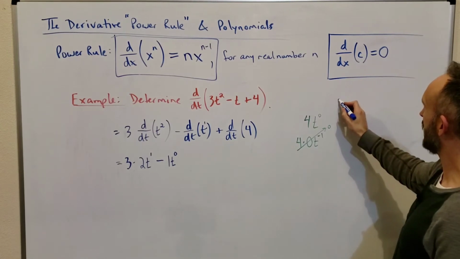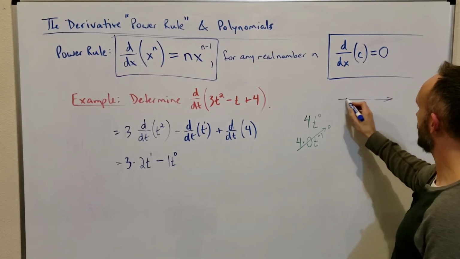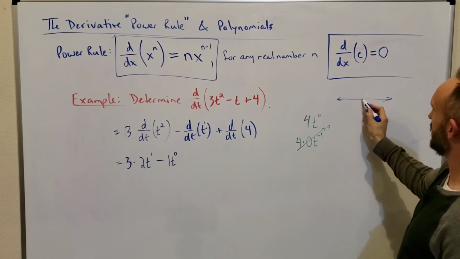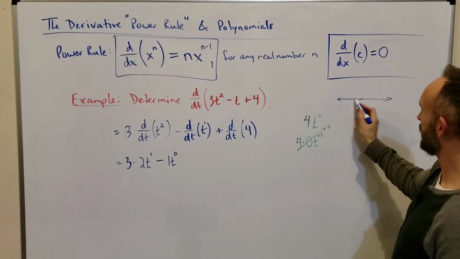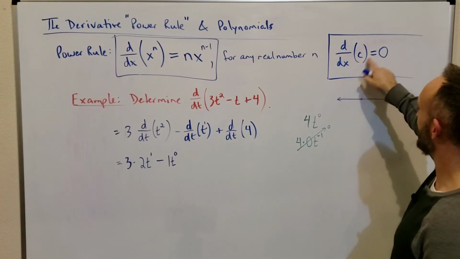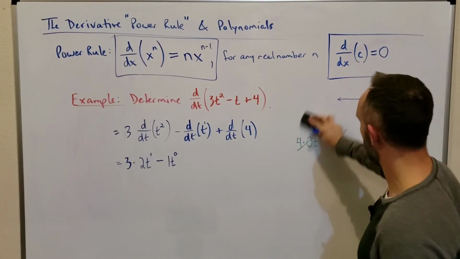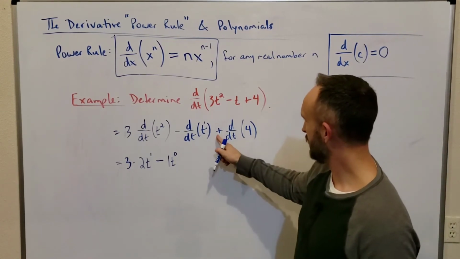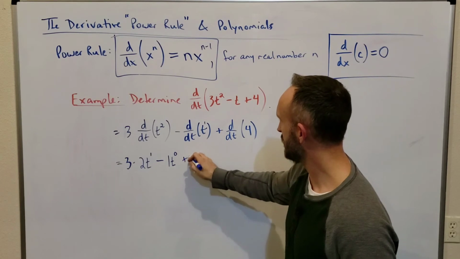If you graph a constant function, it's a horizontal line, and the derivative, remember, is the slope of the tangent line. Well, the tangent line on this is always horizontal, so its slope is 0. So the derivative of any constant is always 0. So this turns into plus 0.